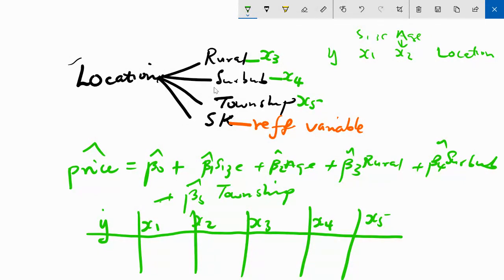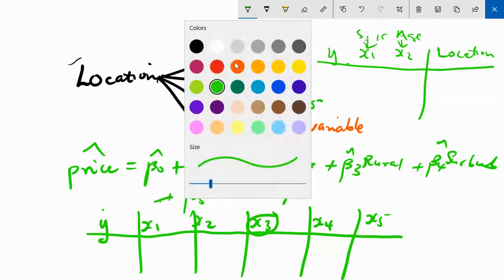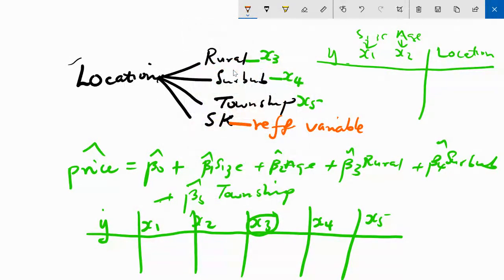This one is size. Under location, you're having 4 options. So those 4 options, they changed to what? Now, X3 is what? X3 is 1 if the house is in a rural area or 0 otherwise.